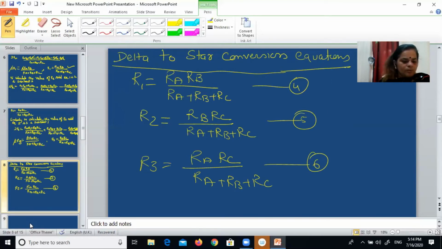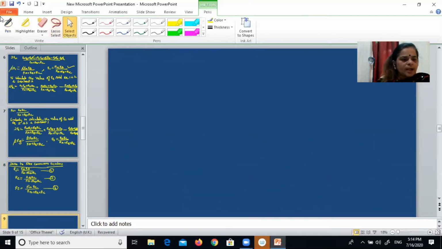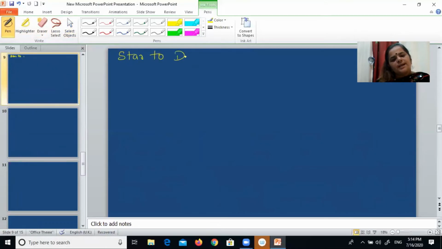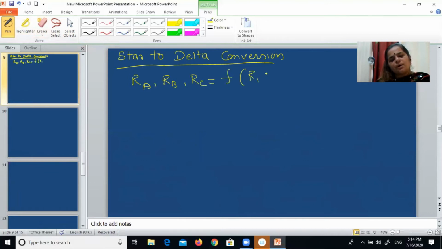Okay. Now let us try to understand star to delta conversion. Star to delta conversion means we know the values of R1, R2, R3 and we are interested in calculating RA, RB, RC as a function of R1, R2, R3.